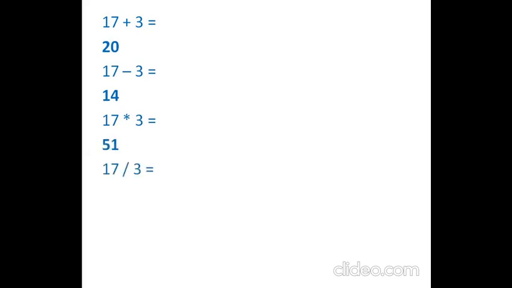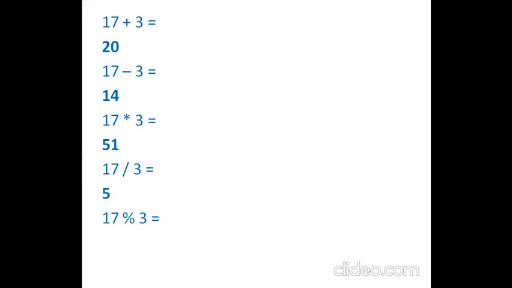And 17 by 3, the quotient value, is 5.67. But in C, we get the integer part only, so we get only 5. Then 17 modulus 3, the remainder value.